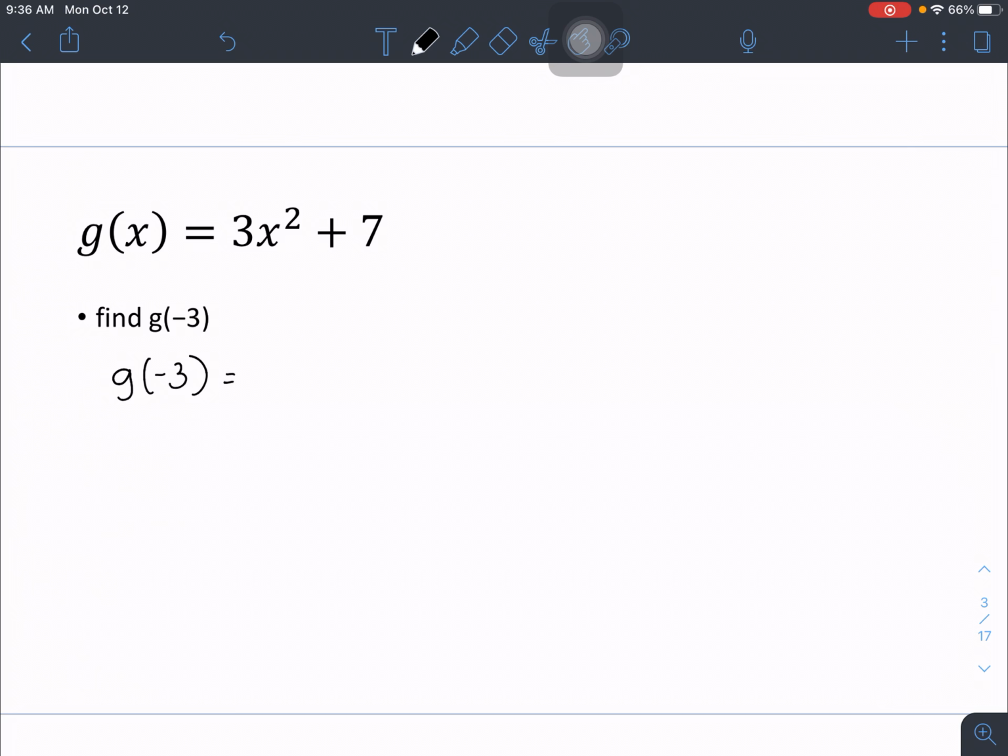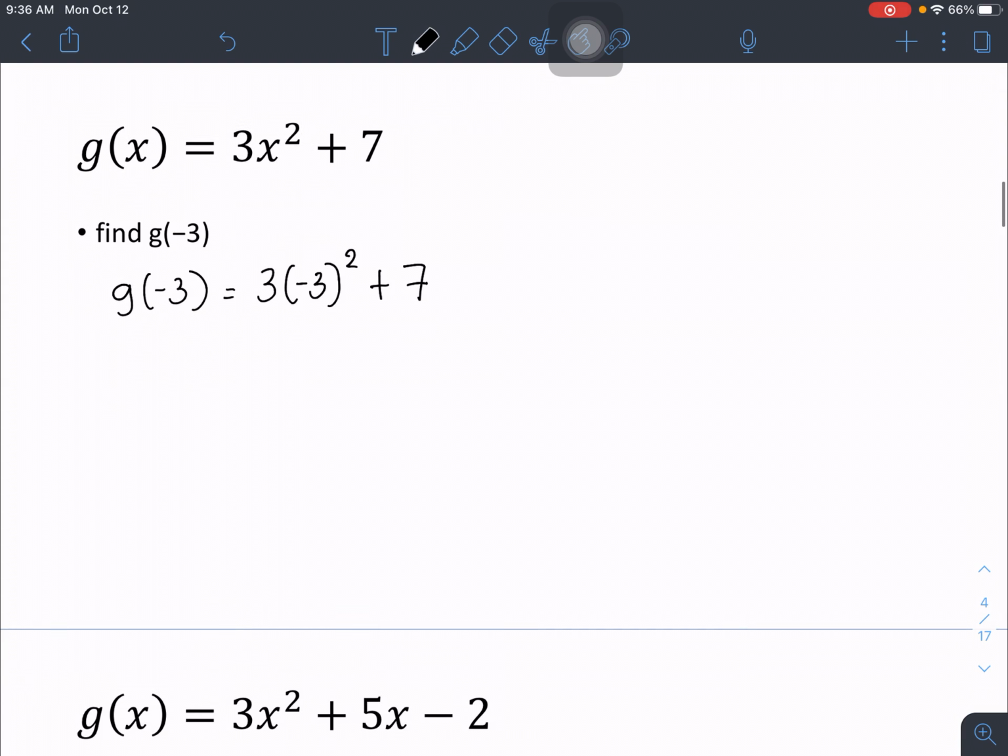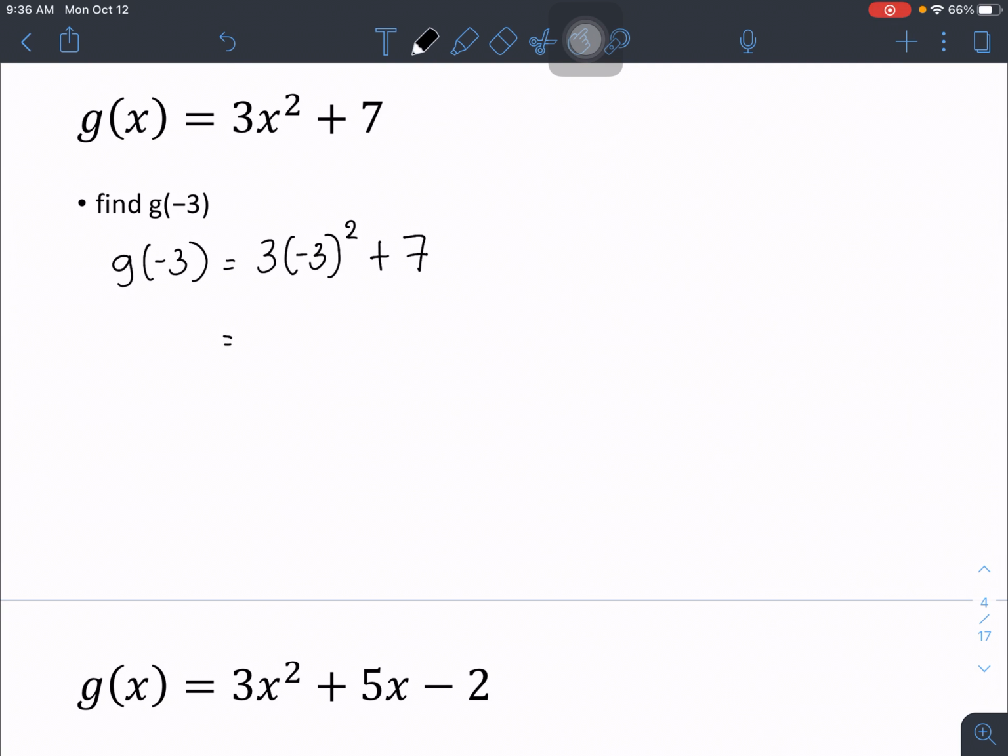So this will be 3, replace x by negative 3, squared, plus 7. Negative 3 squared is 9. Plus 7. So 3 multiplied by 9 will be 27 plus 7. Then g of negative 3 will be equal to 34. Okay?